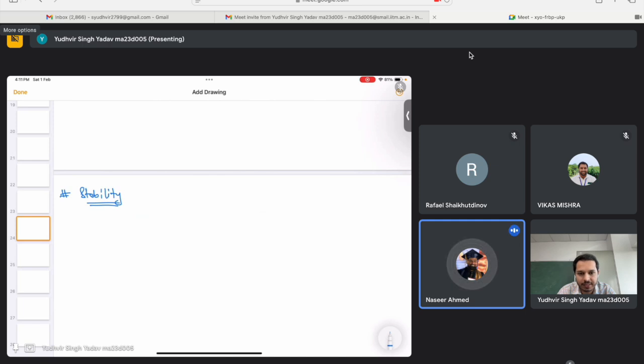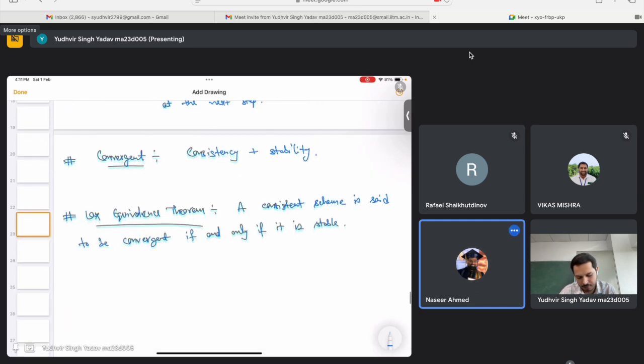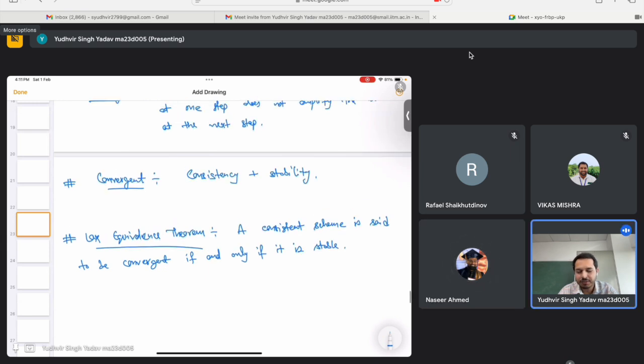In the x direction, space direction. Here we are iterating in the time step direction, like what will be at the next time step.